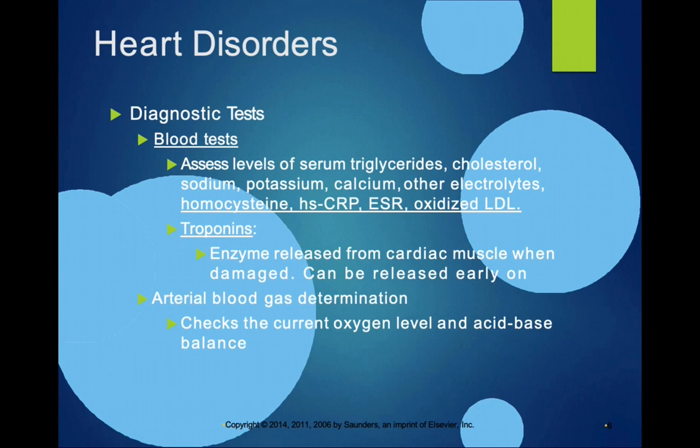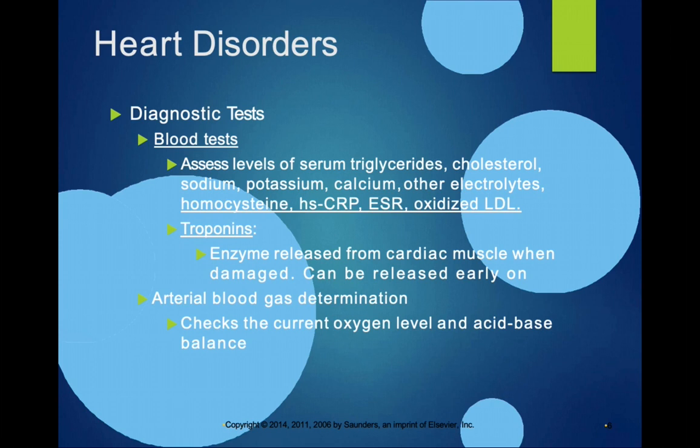Remember I said high homocysteine levels are like liquid sandpaper running through a blood vessel, and it can really damage them. And we'll go over some of the physiology or pathophysiology of what happens to the endothelial layer when those epithelial cells get damaged.